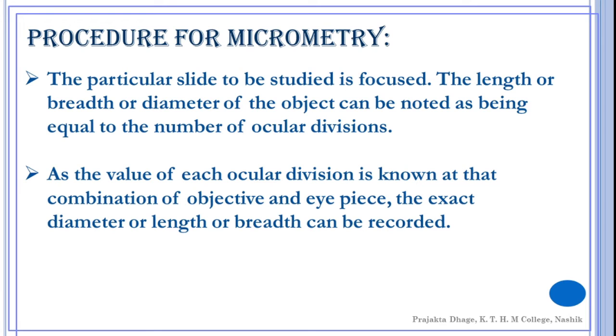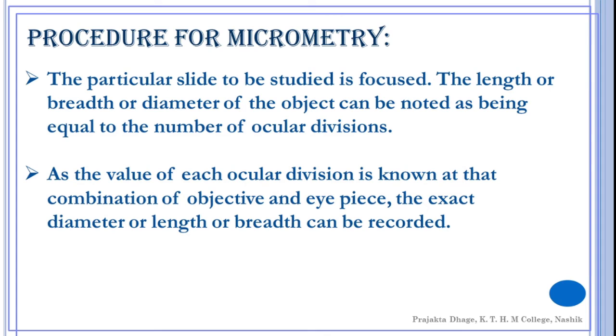As the value of each ocular division is known at that combination of objective and eyepiece, the exact diameter or length and breadth can be recorded, and the actual size of the object can be converted to micrometers. Okay, so this was about micrometry, a very small topic.